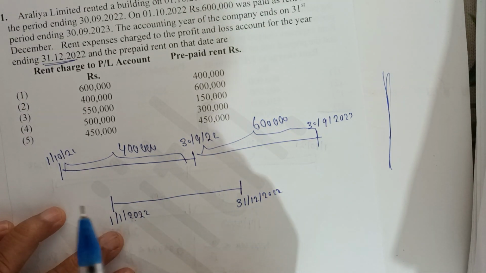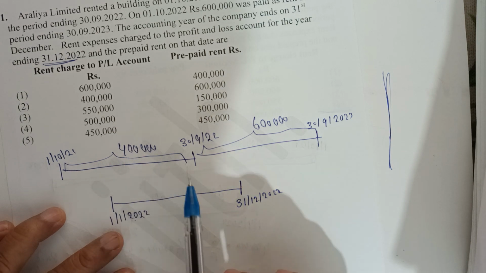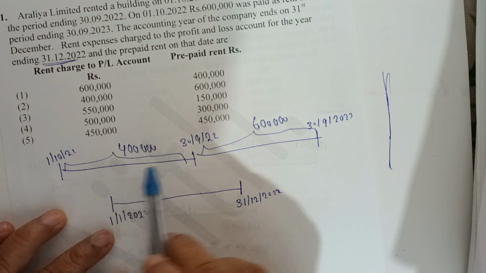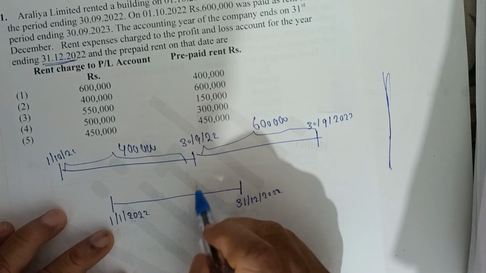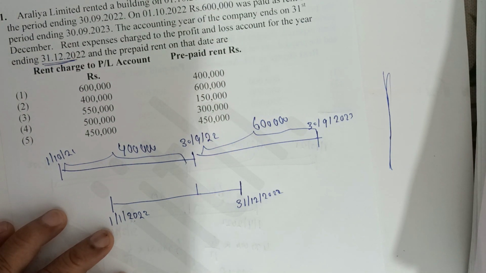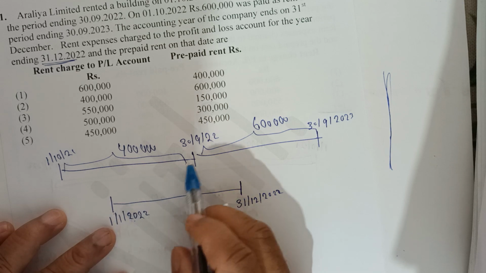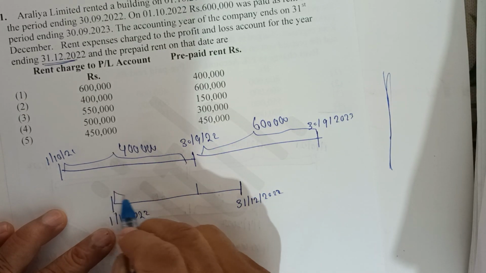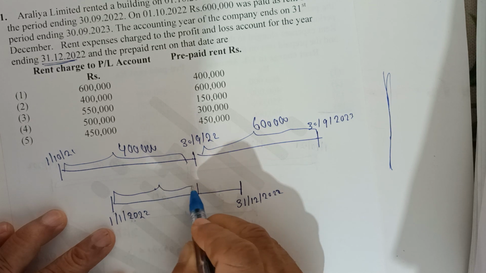Try to recognize from the first agreement how many months are relevant for this financial year. The first agreement ended 30th September 22, so from January to September, 9 months are relevant for this financial year.